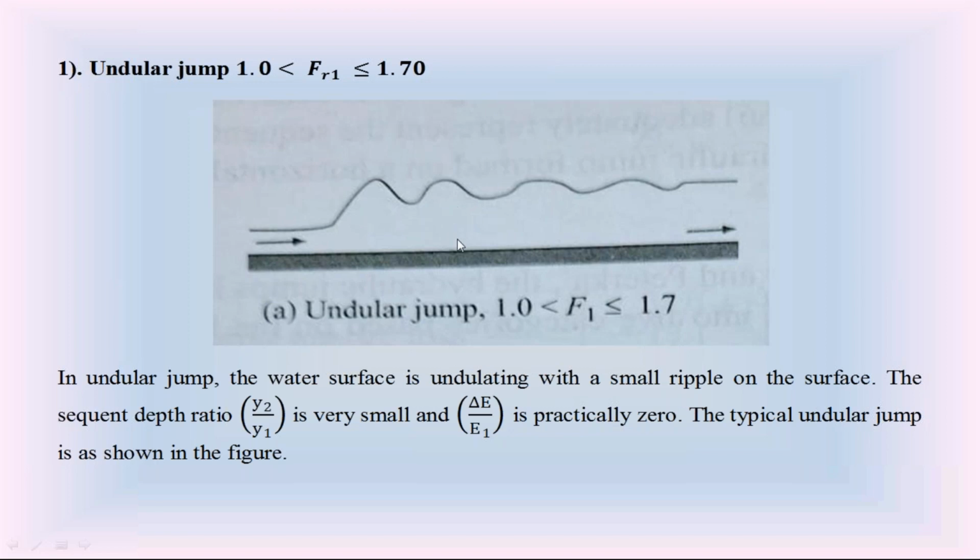The ratio delta E divided by E1 in this angular hydraulic jump is almost 0. So this is the angular hydraulic jump formed in the open channel, a small portion of hydraulic jump, not of bigger height, but of very, very small height. We call this hydraulic jump an angular hydraulic jump if the Froude number FR1 is greater than 1 and less than or equal to 1.7.